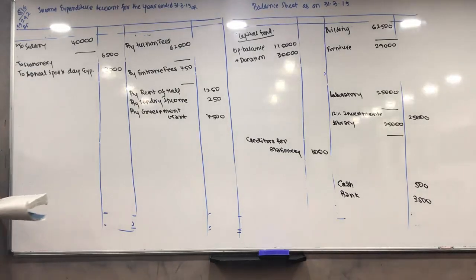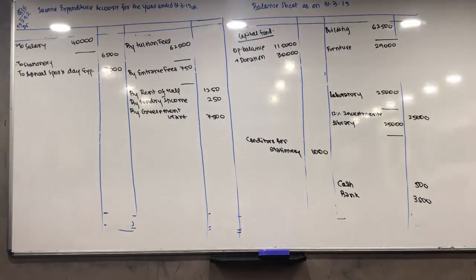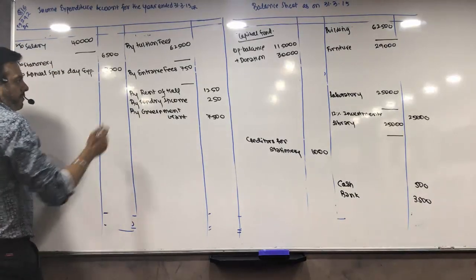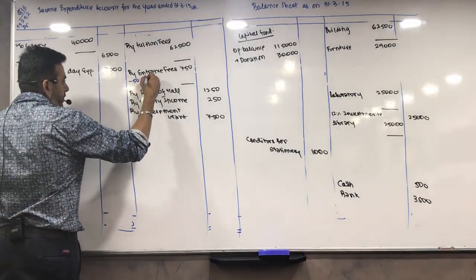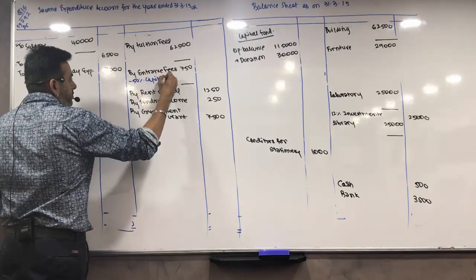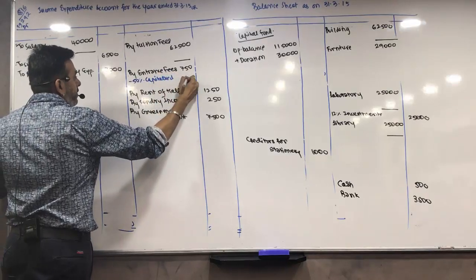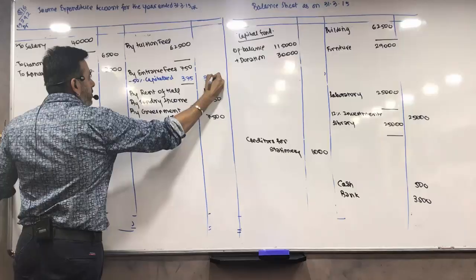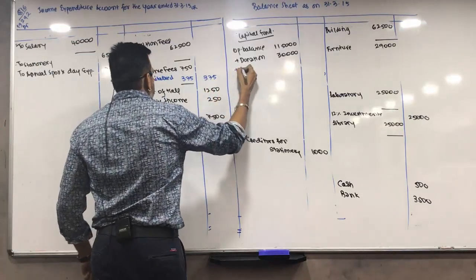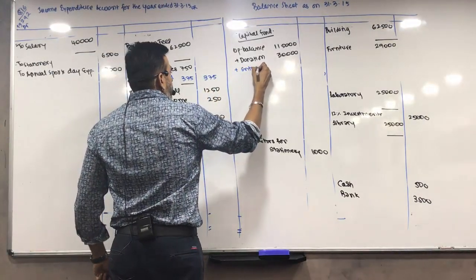We'll do the loss also based on our working. So leave this as it is for now. We'll do it with the adjustment. Come to the adjustments now. 50% entrance fee is to be capitalized. So minus 50% capitalized, 375, plus entrance fees.